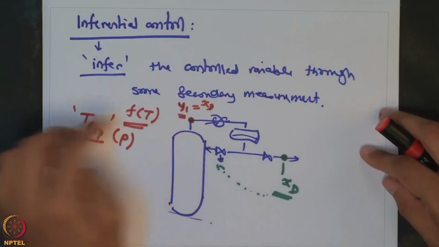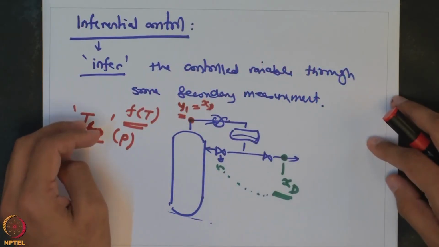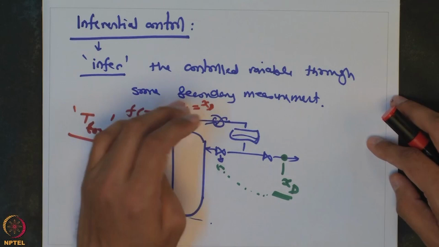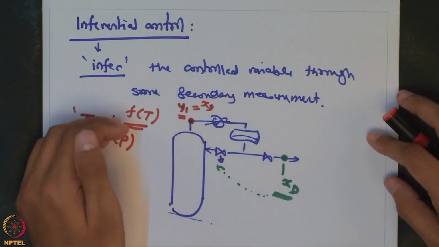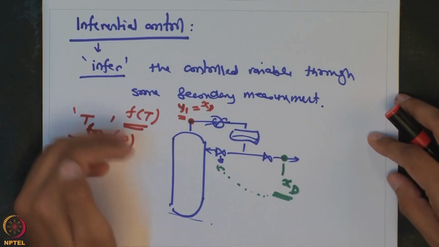So as long as the pressure in the column is set, having a particular temperature will ensure that a particular purity is reached inside this column. And we have seen that temperature measurements are very fast. Nowadays temperature measurement can be done in the millisecond range or even sub-second.